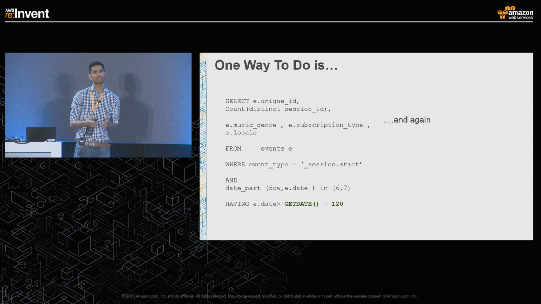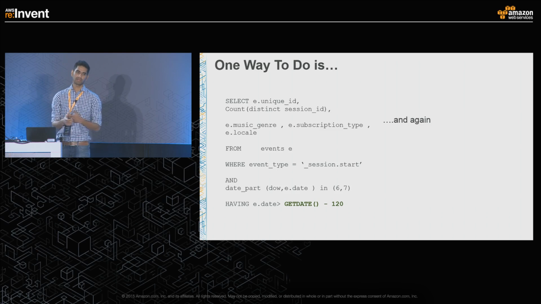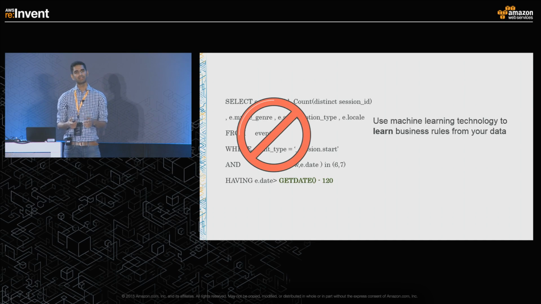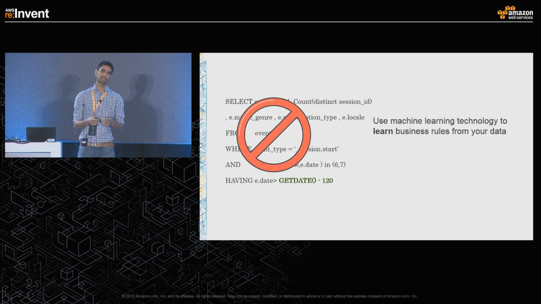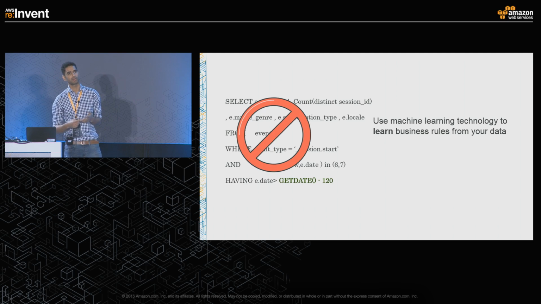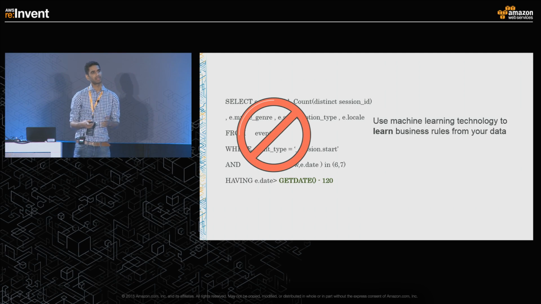But often this is not possible, because the data could be very large. The patterns could be hidden and latent. So clearly, this is not a scalable and efficient way to do it. It doesn't scale if you want to do it every day, if you want to solve different types of problems, or more complicated problems.